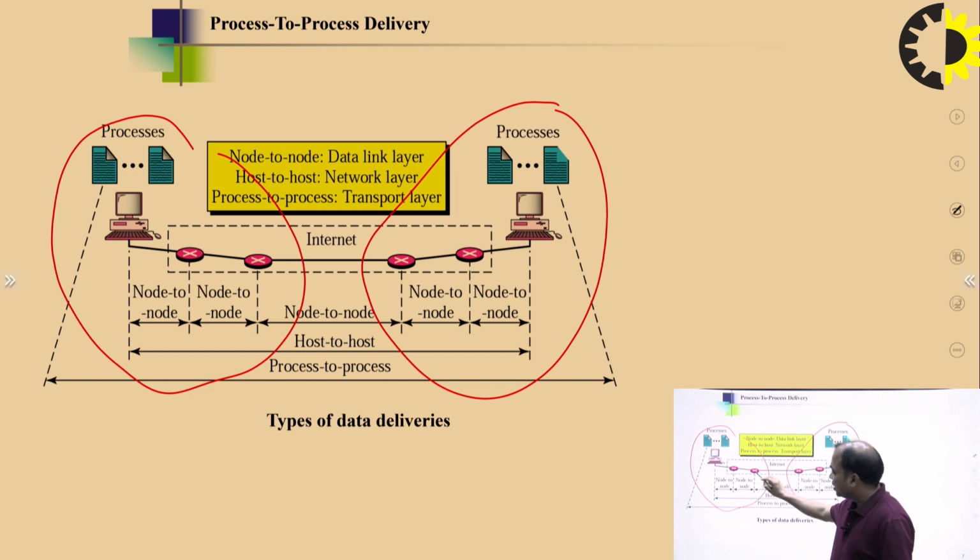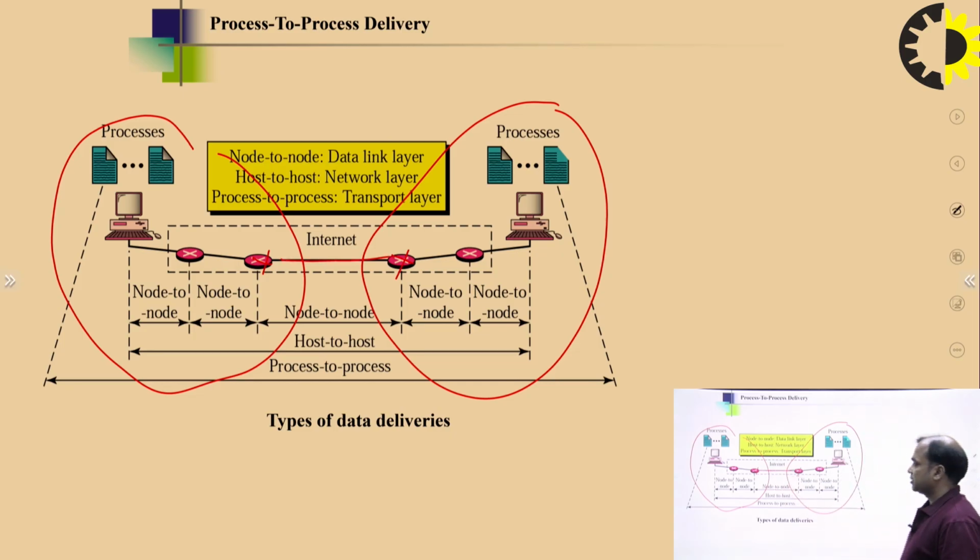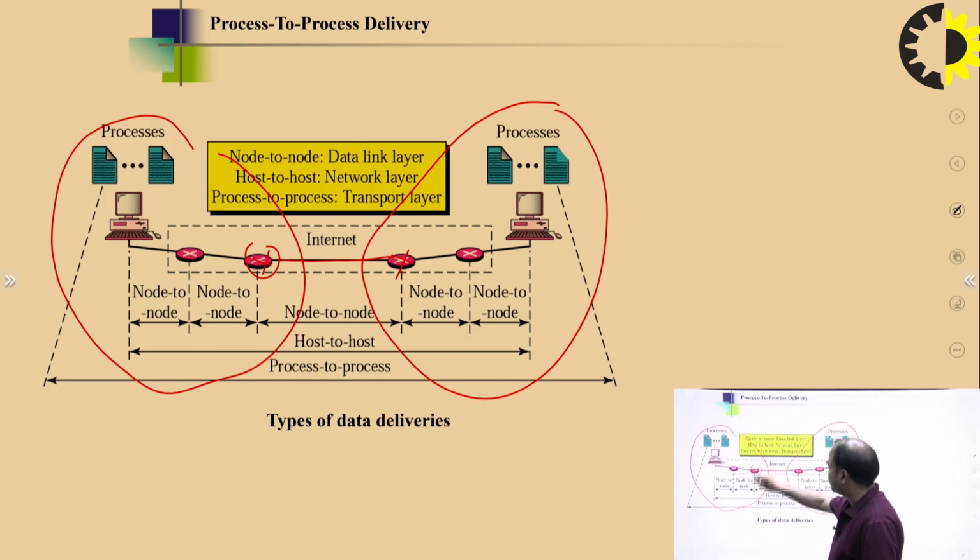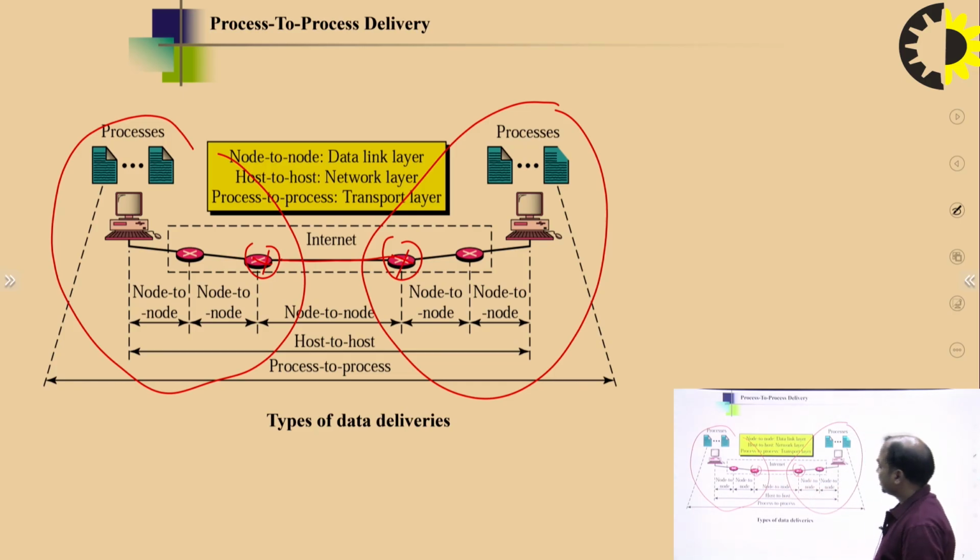When we connect routers of one network to routers of another network, this is called node to node connection. One node or router from one network and another router in a different network are connected with each other for connecting the networks. So this is node to node connection of data.